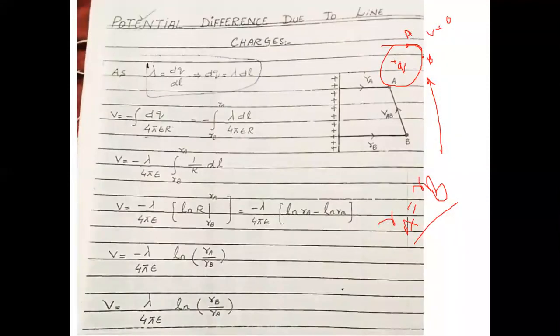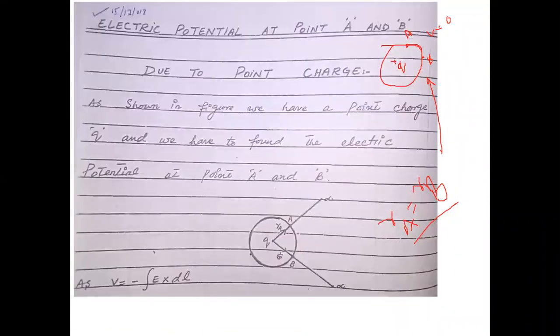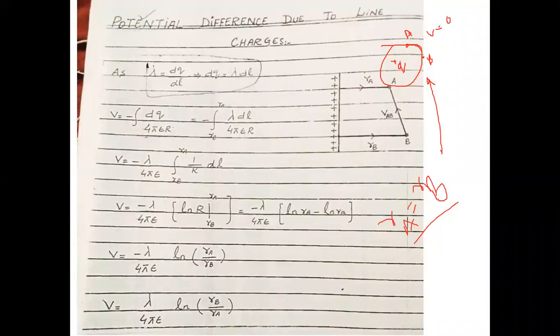Now, this was for a single point charge, where we found the electric potential at two different points. Now we are considering line charges, and we have two points, and we are moving a charge from point B to point A.